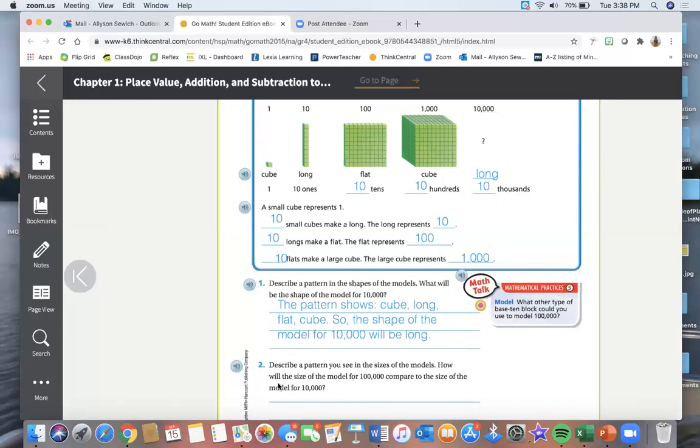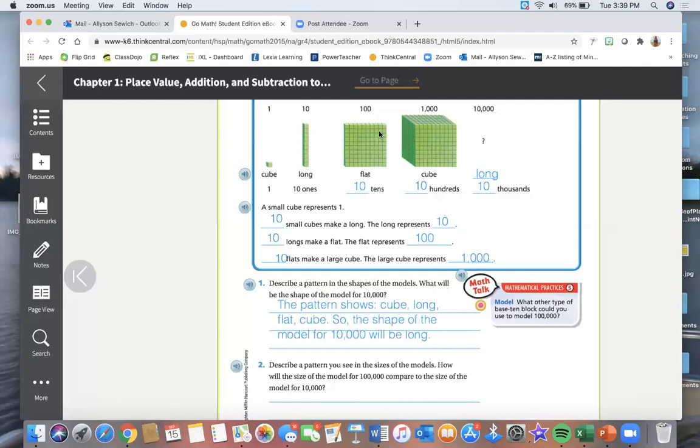All right, now it's saying describe a pattern you see in the sizes of the models. How will the size of a model for 100,000 compare to the size of a model for 10,000? So a common number that I'm seeing here is 10. So I'm noticing that each model is 10 times the size of the past model, right? So the long is 10 times the size of the cube.